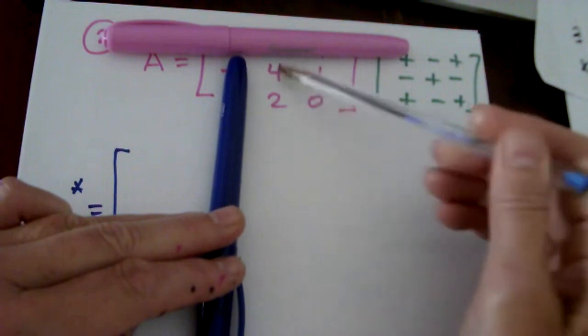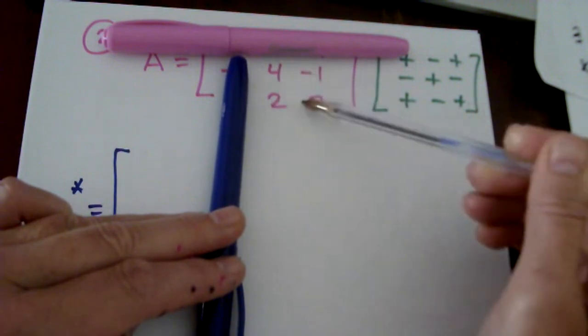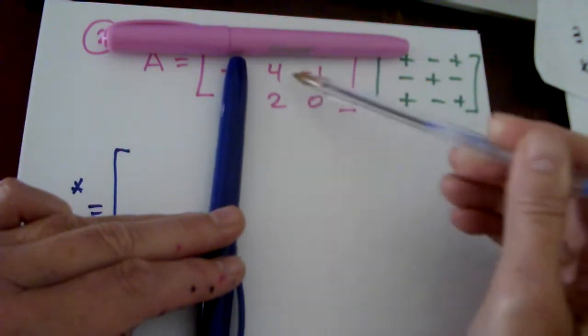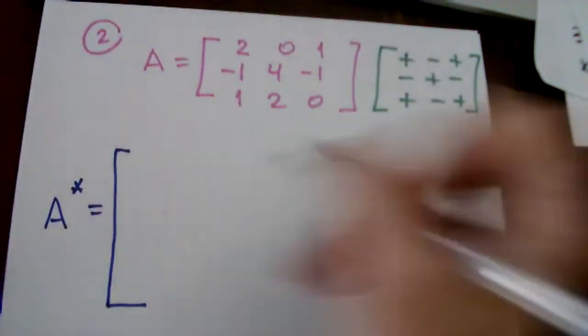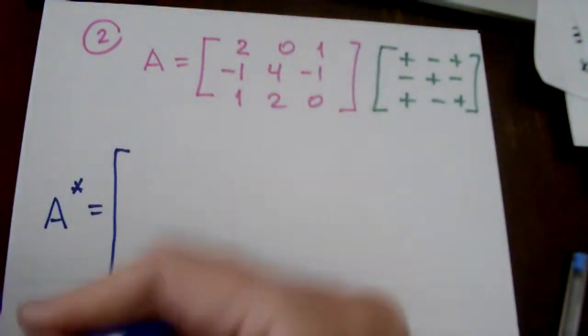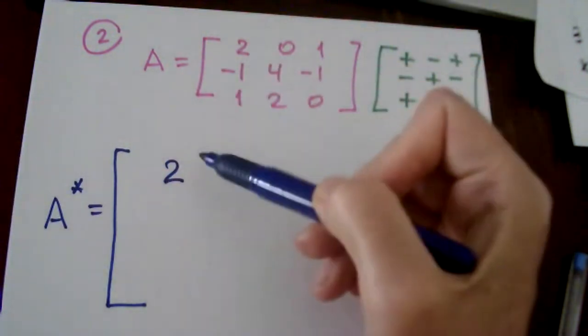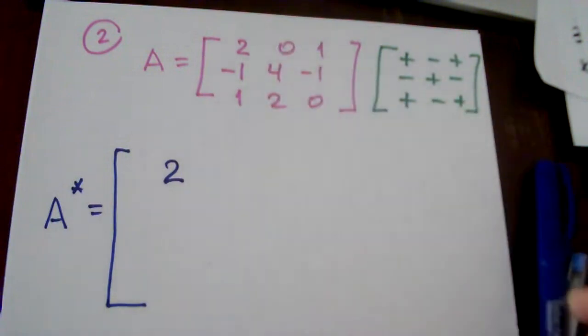So 4 times 0 will be, of course, 0. So 0 plus 2 will be 2. And the position sign says this result is unchanged. So we got 2, so the cofactor of element 2 is 2 as well. It's just a coincidence.